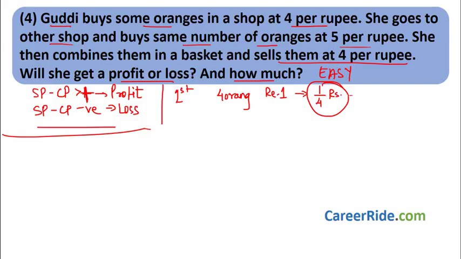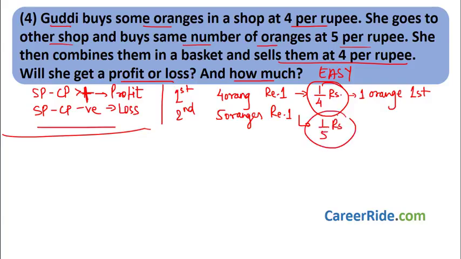So this is the price of 1 orange in the first shop, right? Same way in the second shop she got 5 oranges for rupee 1, and the price would be 1 by 5 rupees for 1 orange. So this is the price of 1 orange in the second shop.